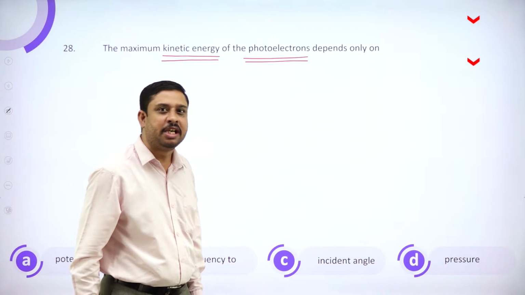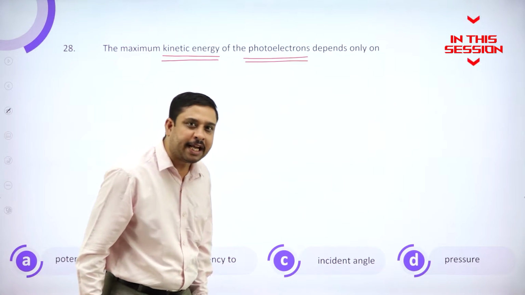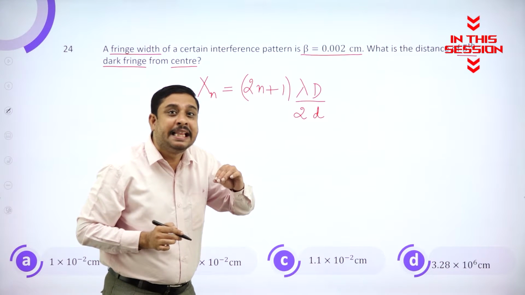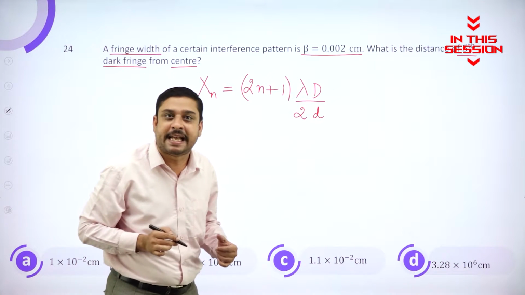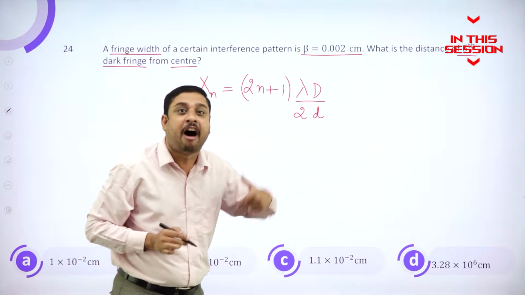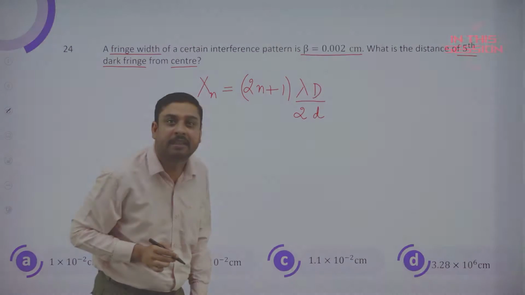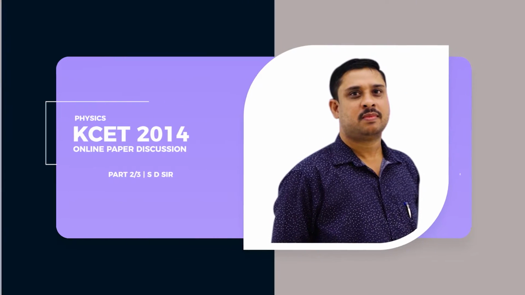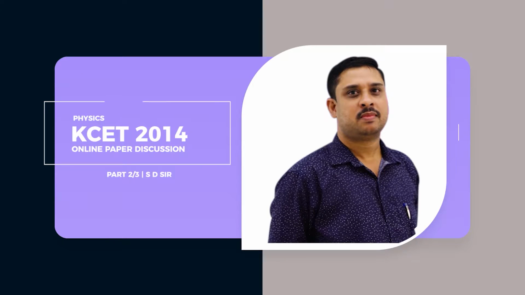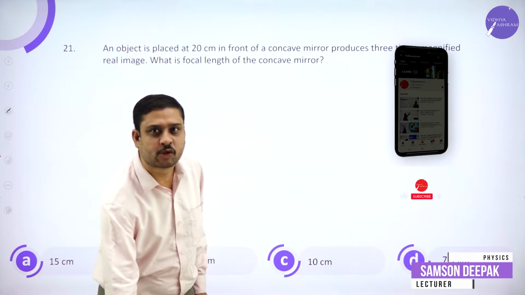Stopping potential of photoelectrons, the nth bright fringe from the center, the nth dark fringe from the center. Continuing with the next question.